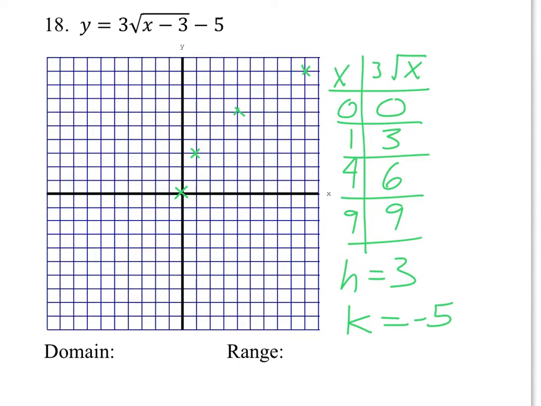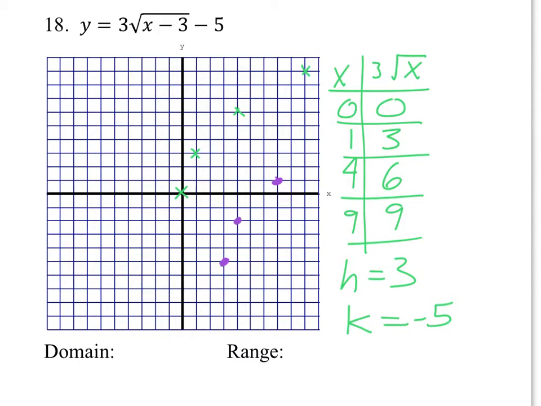And then moving those right 3 down 5. So that's actually going to move that 9 off of the grid. And so we get here, here, here. And then this one right 3 down 5 ends up over here somewhere off of the grid.